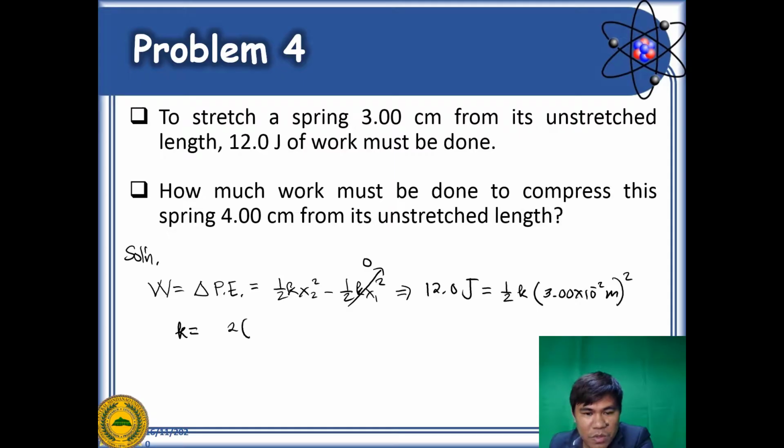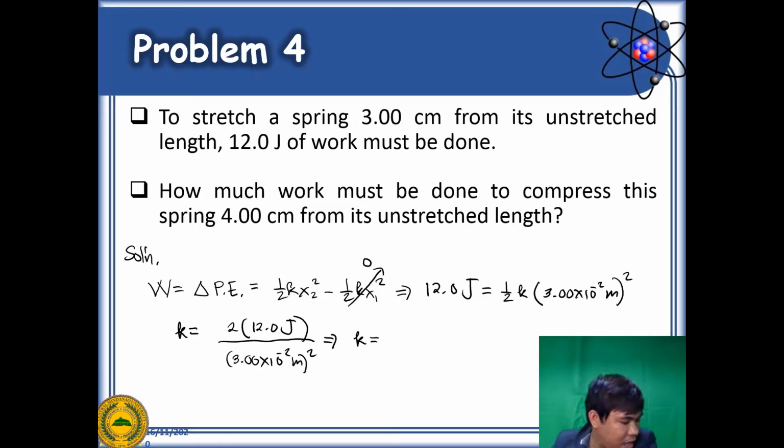2 times 12 joules over 3 times 10 to the minus 2 meters squared. So when you solve for that, that gives us the value of the k, and when you calculate that, it is just equal to 267 Newton per meter.